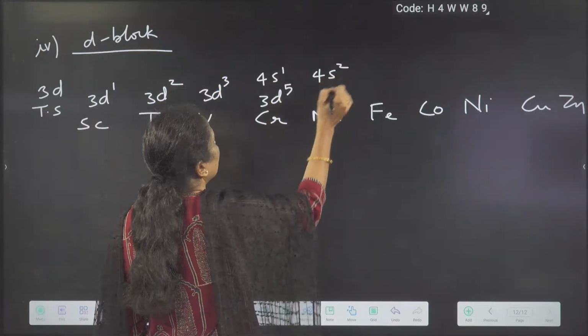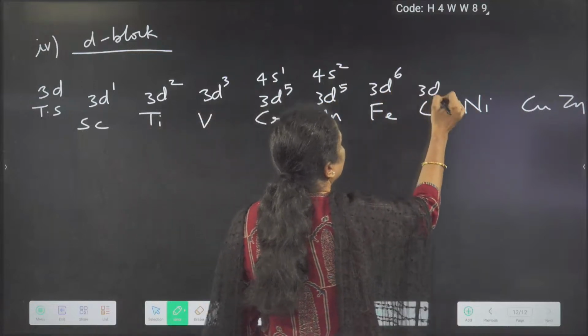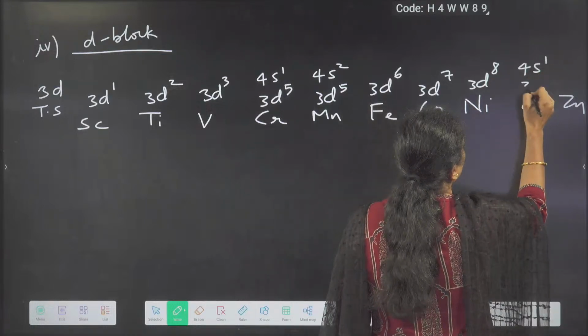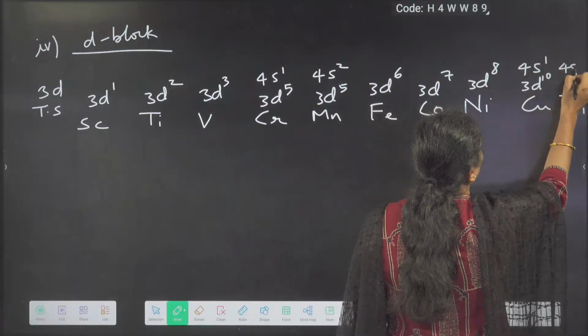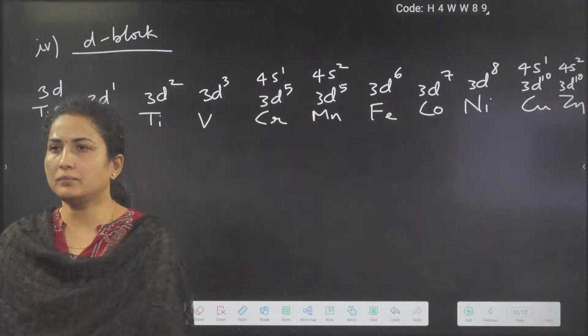This one is 4s2, 3d5. This one is 3d6, 3d7, 3d8, 4s1, 3d10, 4s2, 3d10. This is the configuration which we see. Right?